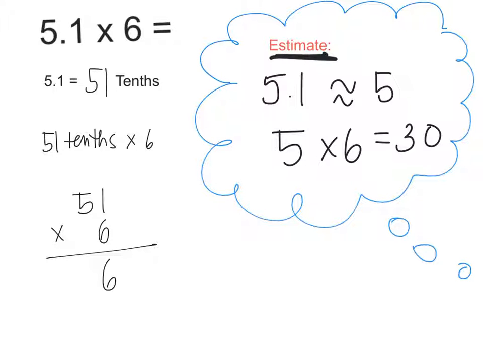And then 6 times 50 is 300, right? Good. So I have 306. Now if I know my answer, because I did my estimate, is supposed to be pretty close to 30, where would I need to put that decimal point to make this answer pretty close to 30? I would need to put the decimal point between the 0 and the 6. Okay, so therefore my answer is 30.6.